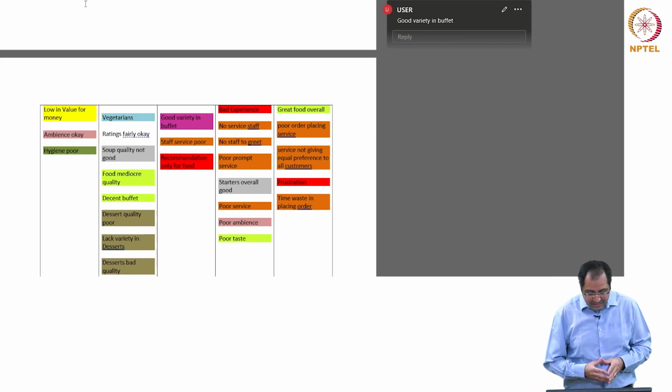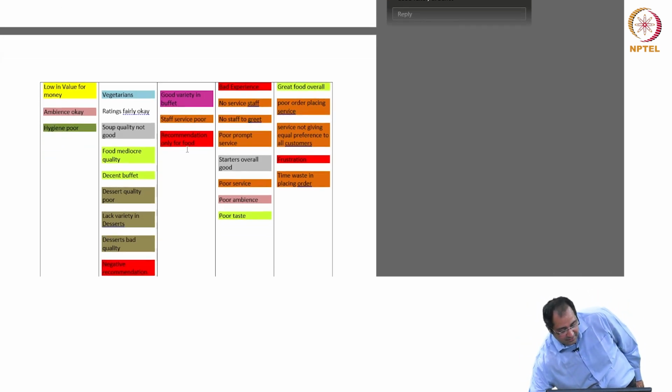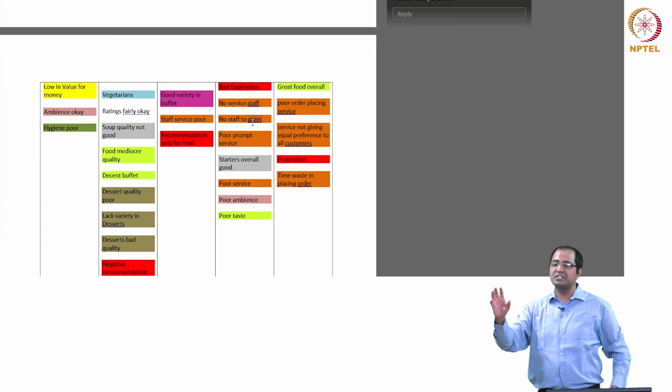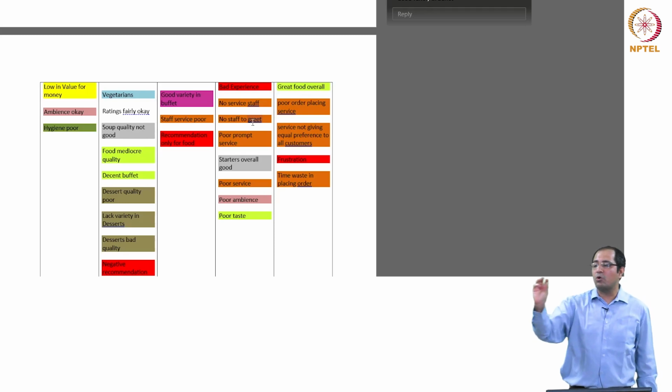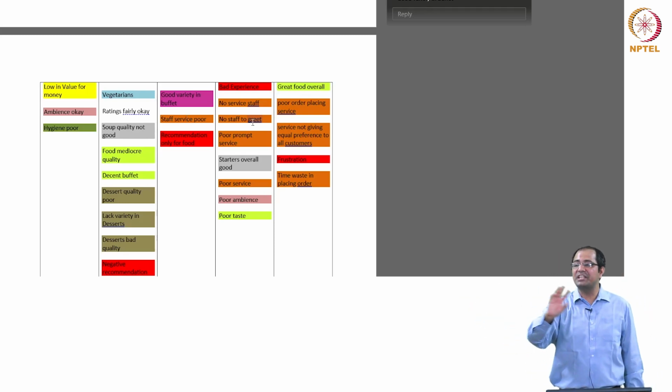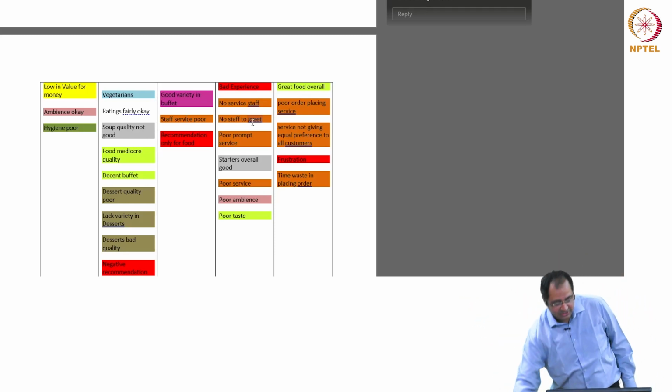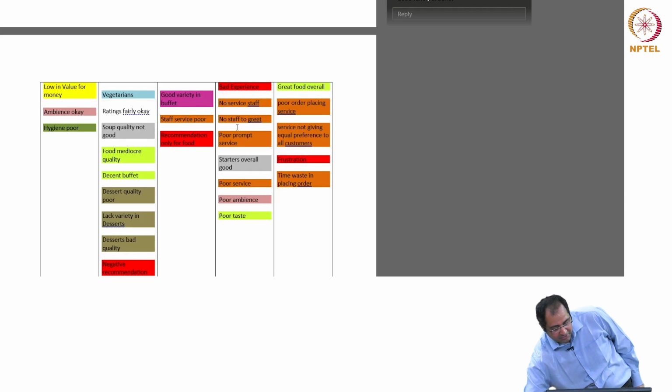For example, if you look at the orange one, it is staff service poor, no service staff, no staff to greet. So across the users, give a color code to the ones that you think are similar, are talking about the same thing. So here it is about staff service poor, no service staff, no staff to greet, poor prompt service, service not giving equal preference to all customers, poor ordering service.